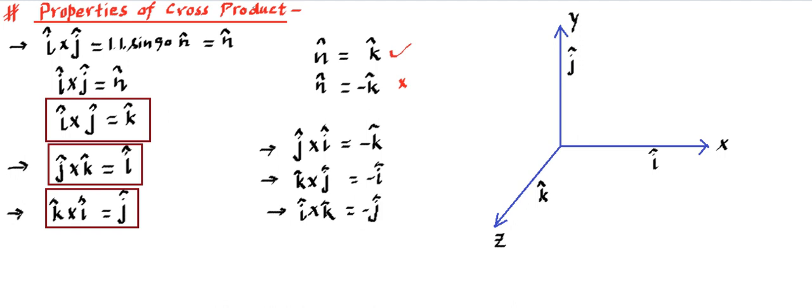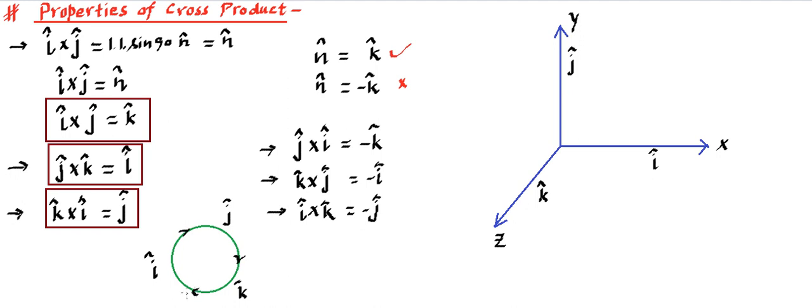Now of course these are several pieces of information. How to remember these? For that sake you can use this circle, and remembering is going to be quite simple. So how to remember what the answer is going to be of the cross product of these quantities? You remember the circle, and you can write I, j cap and k in a particular order, and in that order you can assign this arrow.